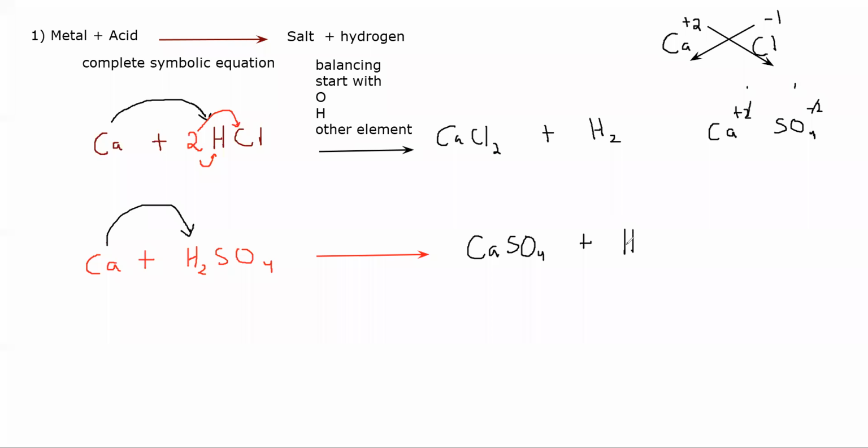Hydrogen is a gas, so it's H2. Now this is completing the equation. The second thing is balancing the equation. So how to balance? You start with oxygen followed by hydrogen and at the last other elements. How many oxygen on the right hand side?